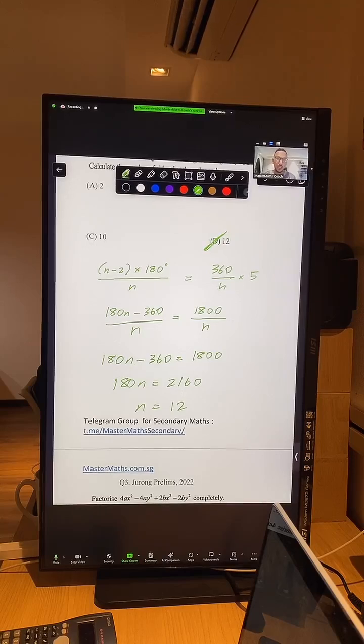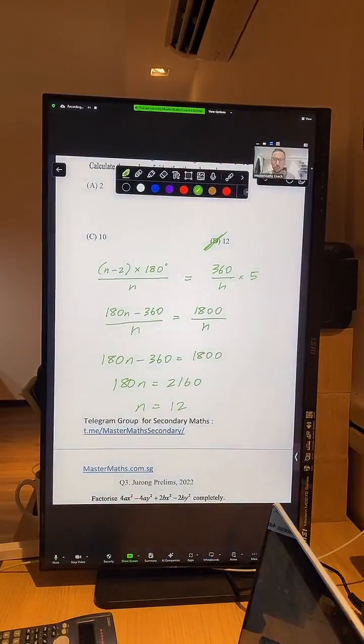So I will ask Google, what is the interior and exterior angle of a 12-sided polygon? So it says here that each interior angle of a regular 12-sided polygon is equal to 150 degrees. It's called a dodecagon. Okay, let me share this with you guys.